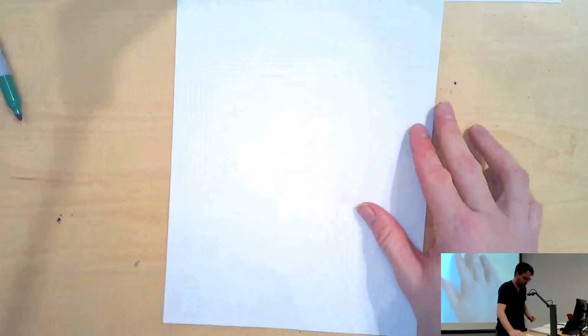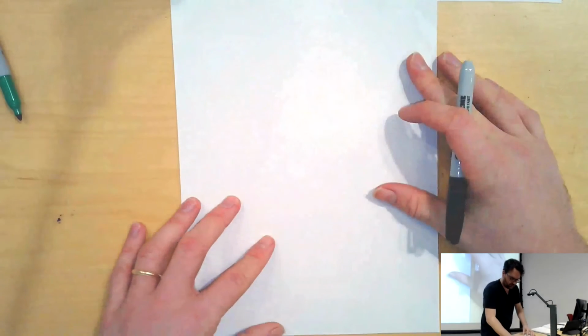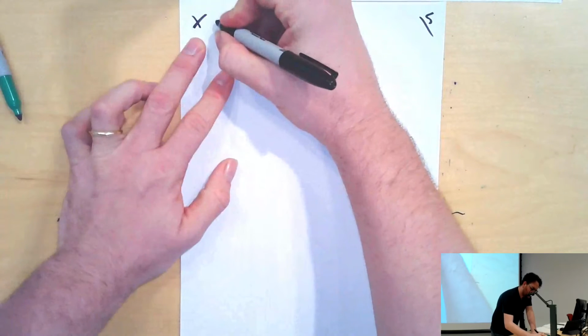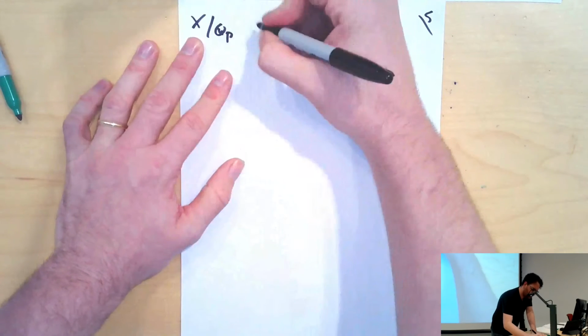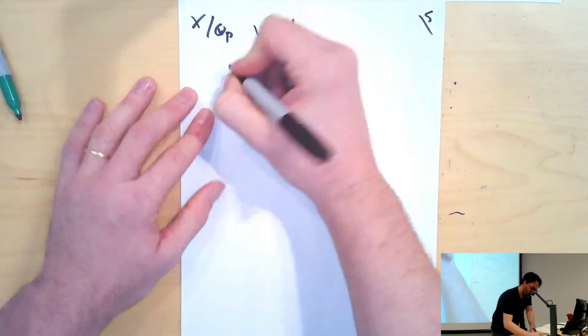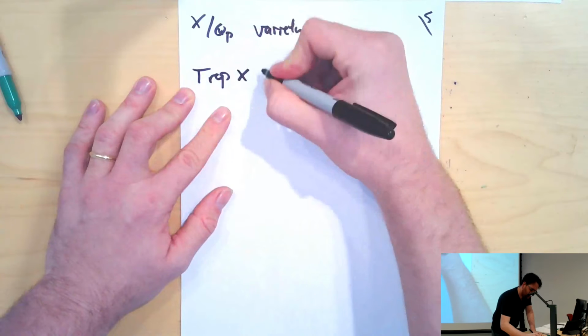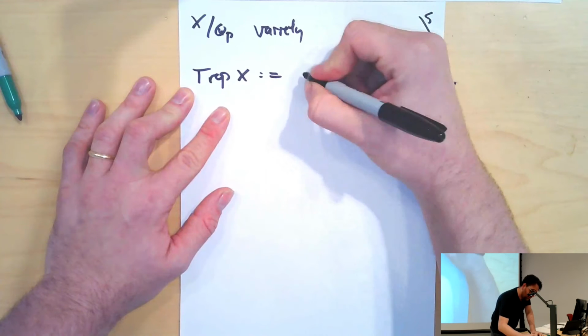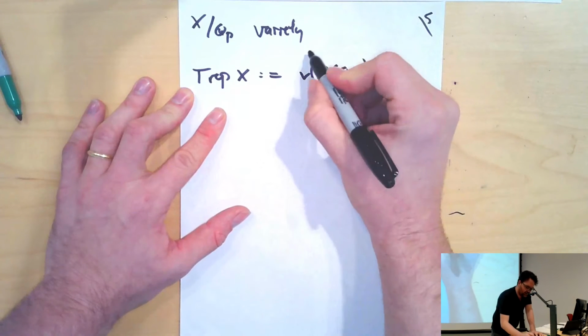As one other quick pitch for more classical tropical geometry, how does it generalize Newton polygons? Let's say five minutes briefly. In general, if X is a variety over Q_p, or really over any valued field, then trop of X you define as follows: you take X of Q_p, you take the valuation, and you take maybe the closure.